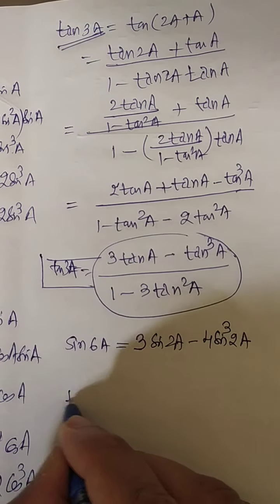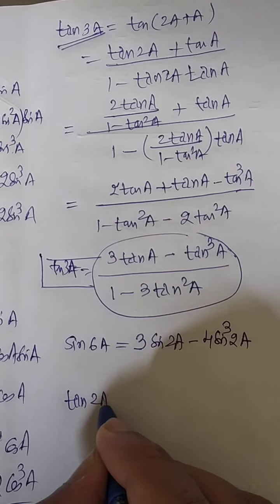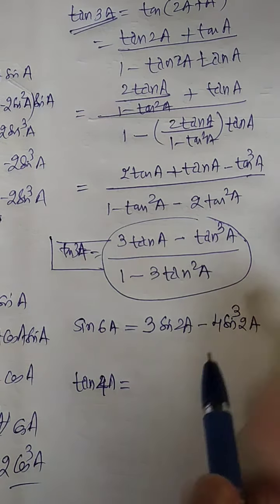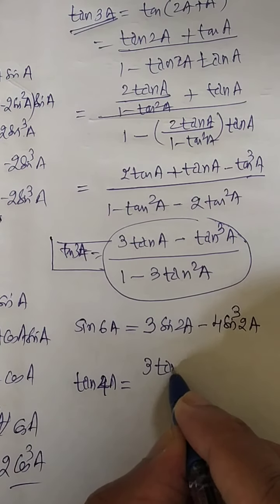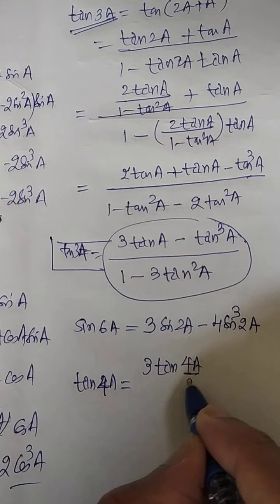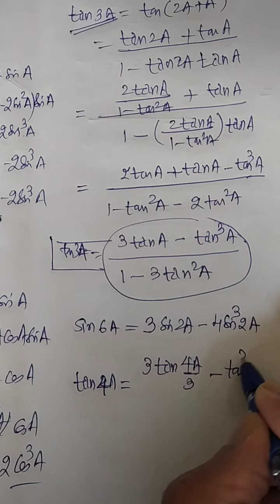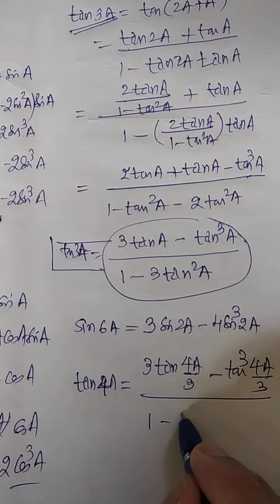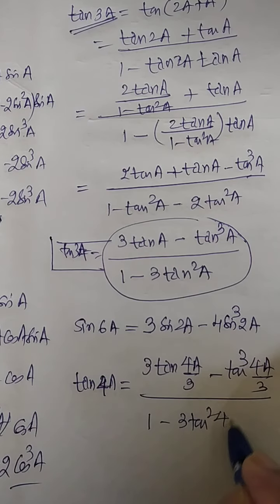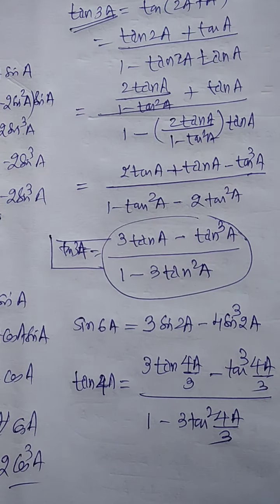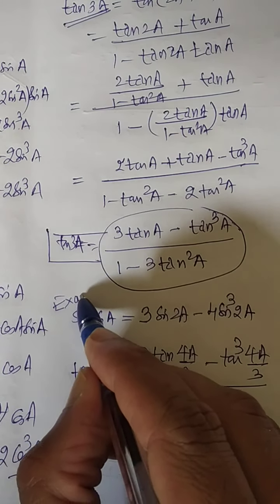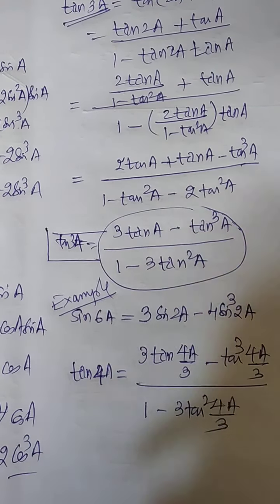Suppose I want tan of 4a. Look at this formula: 3 tan 4a by 3 minus tan cube 4a by 3, upon 1 minus 3 tan square 4a by 3. Are you following? These are examples of how to make use of that particular remark.